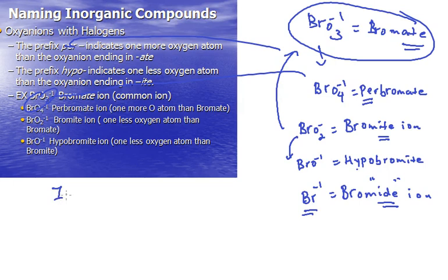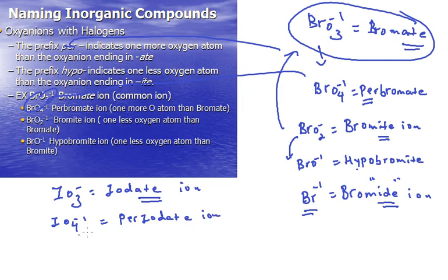Maybe we can have iodate. Let me start with iodate. Iodate is a standard polyatomic ion that ends with ATE. And if I need to have periodate, I would add 1 oxygen. This is going to be periodate. If I take away 1 oxygen from the iodate ion, and if I have IO2 minus, it's going to be iodite. Remember, iodite.